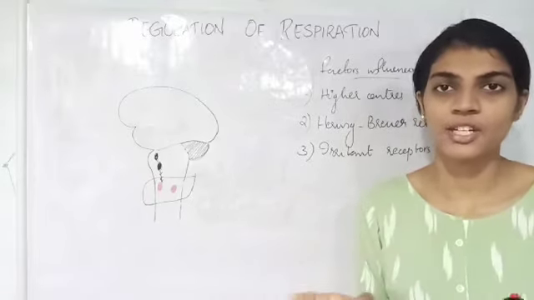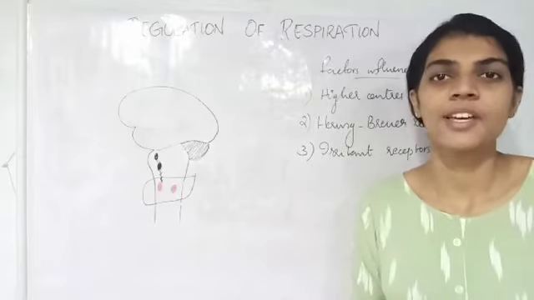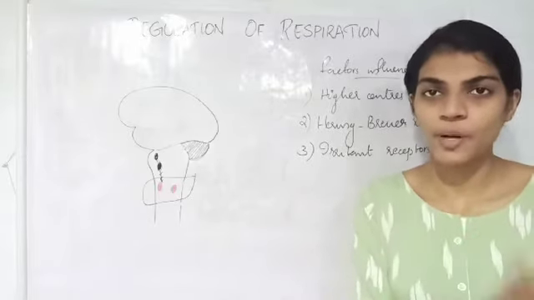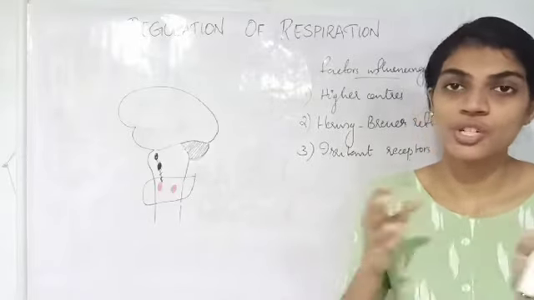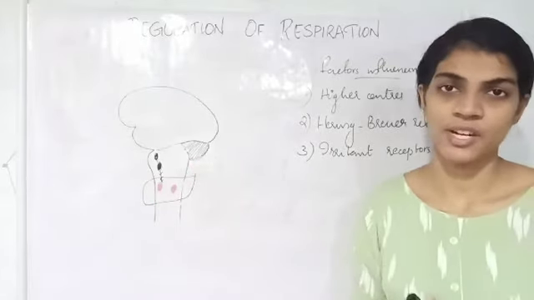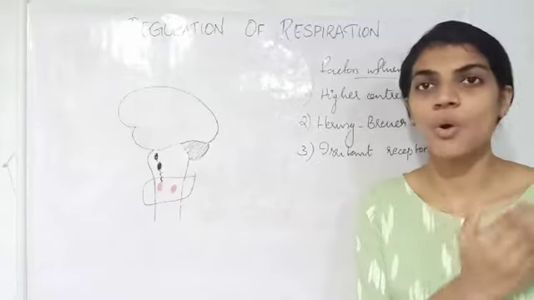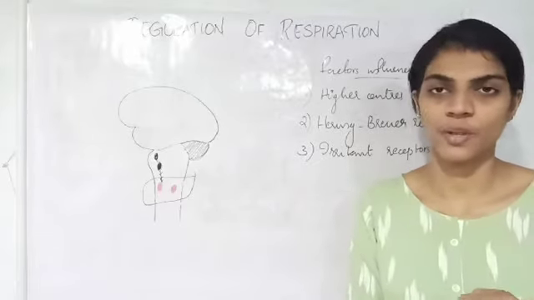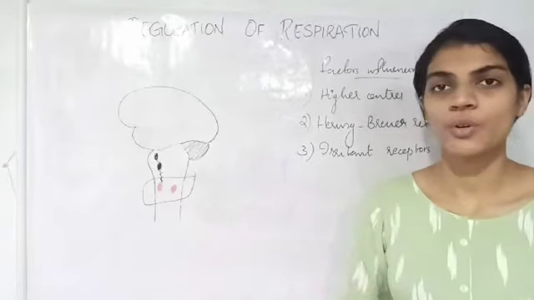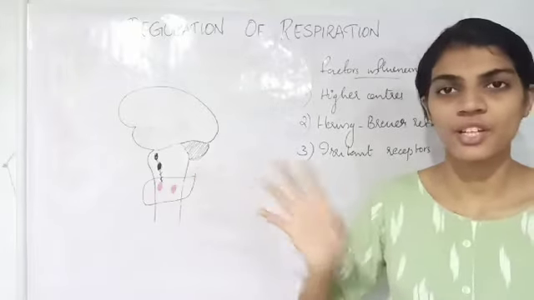So by the hyperventilation, more oxygen is provided into the cell, so more metabolic process is taking place, so more heat is generated in the body. So we can escape from the cold exposure of the body. And in the warmth also, the ventilation can be decreased.